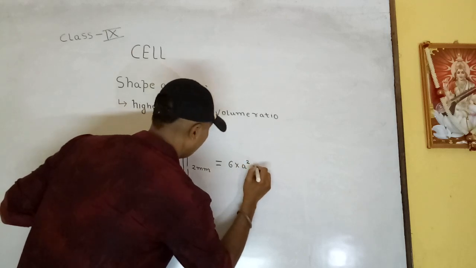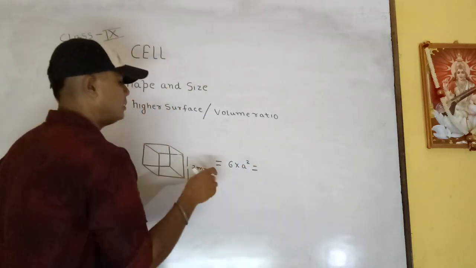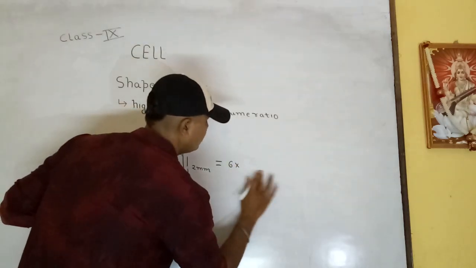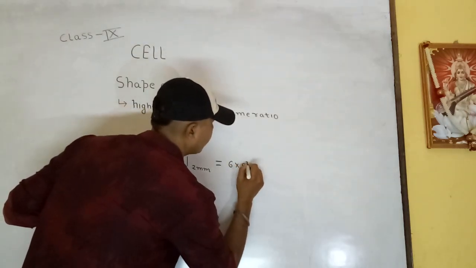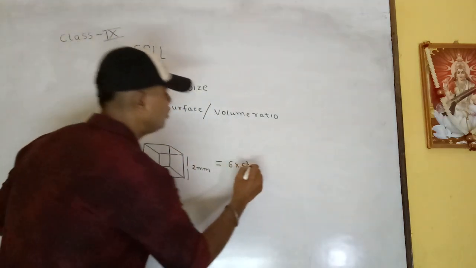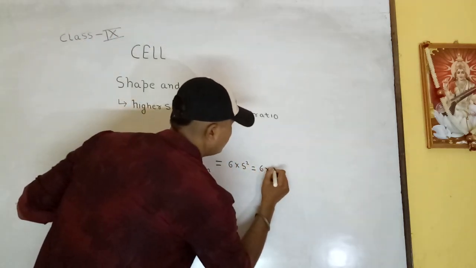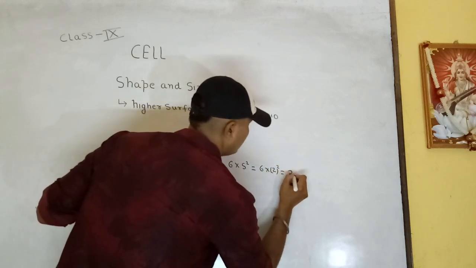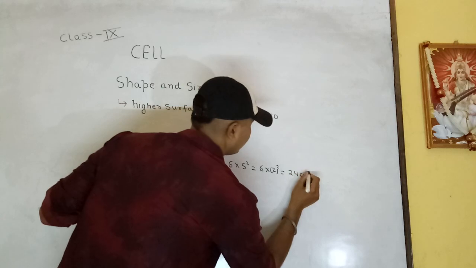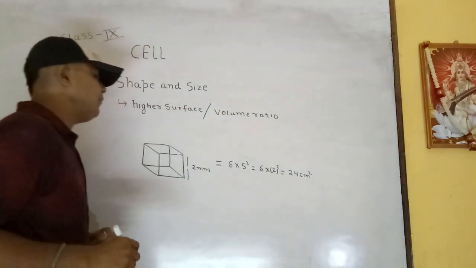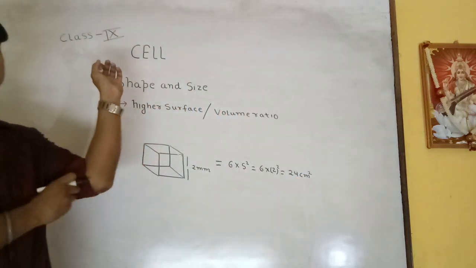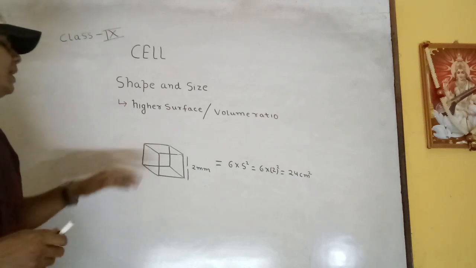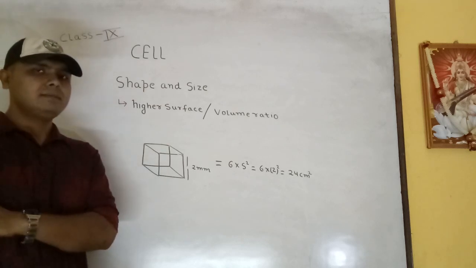That will be equal to 6 into side square, which is 6 into 2 square, equal to 24 millimeter square.